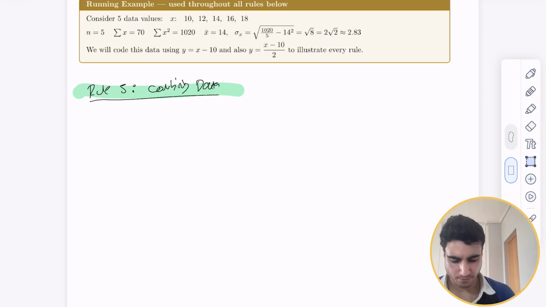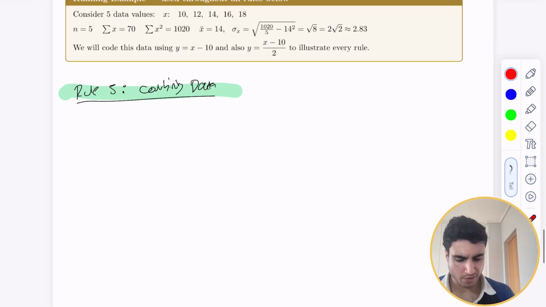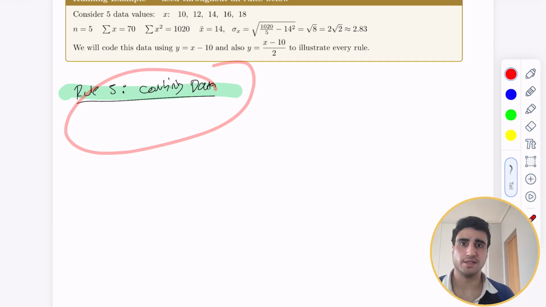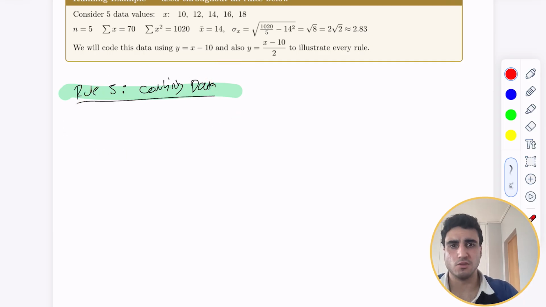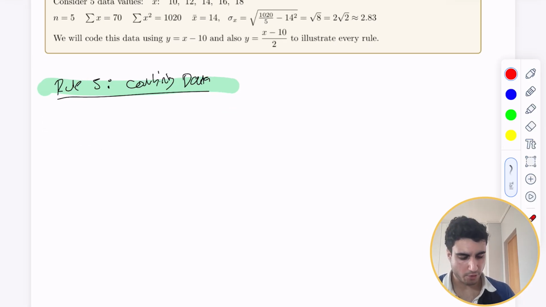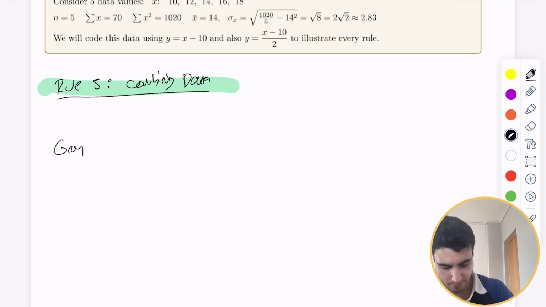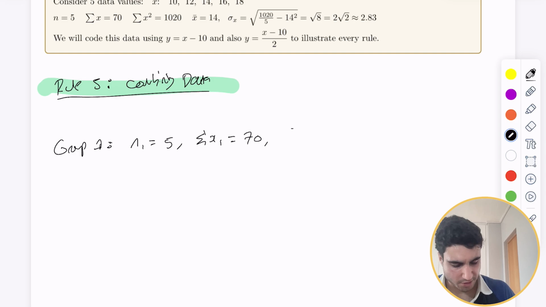Alright, so here we are, rule 5, and this is all about combining data. Okay, now we know that group 1, which is what we have, okay, we know that our population size here is 5. Okay, we know the sum of x is 70. Sum of the square of those values is equal to 1020.